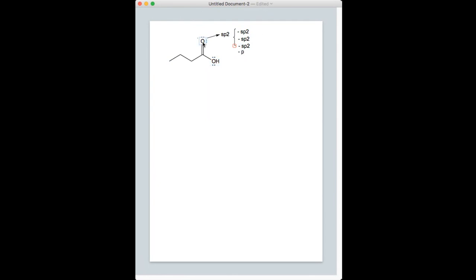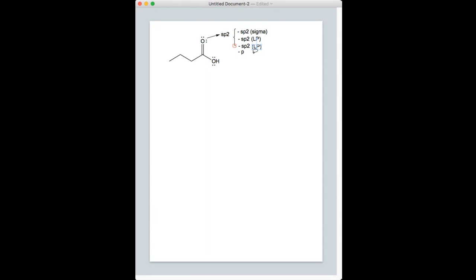How many sigma bonds do you see in this oxygen? 1 sigma bond. So the first sp2 will have a sigma bond, and the remaining 2 sp2 will be for the lone pairs, so both lone pairs will be in sp2 hybrid orbitals, guys. That's very important to remember.